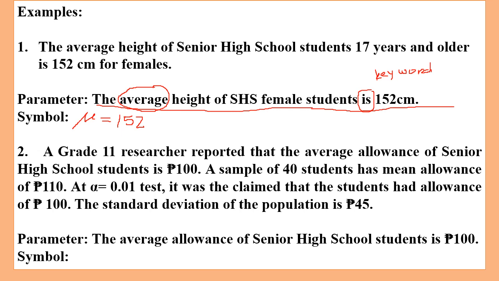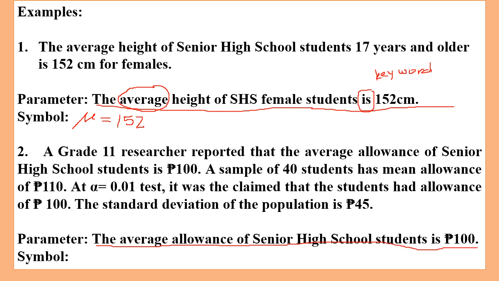Since there are many claims, we need to remember what the problem is measuring, which is the average allowance of a senior high school student, which is 100 pesos. So that is our parameter. Again, the average allowance of a senior high school student is 100.